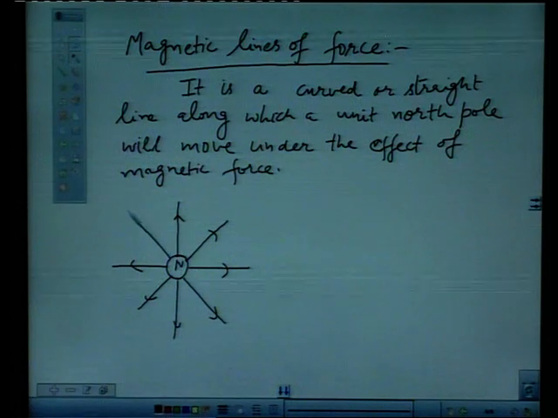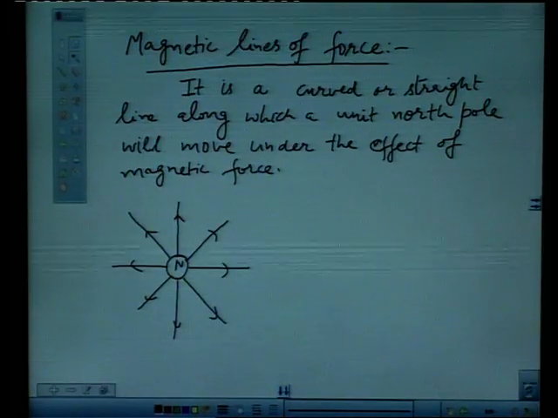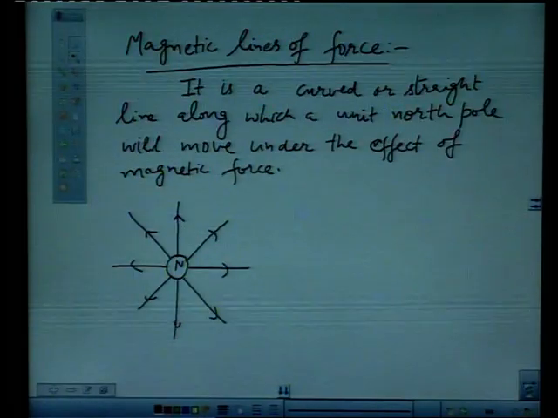Like this. So, this is a line which can be straight or curved, along which this unit north pole will move under the effect of magnetic force.